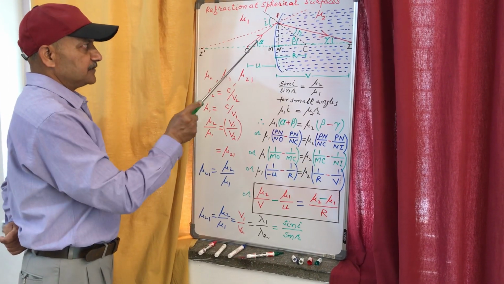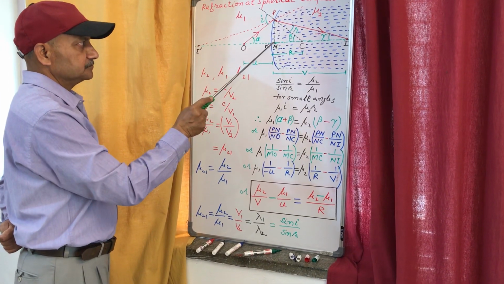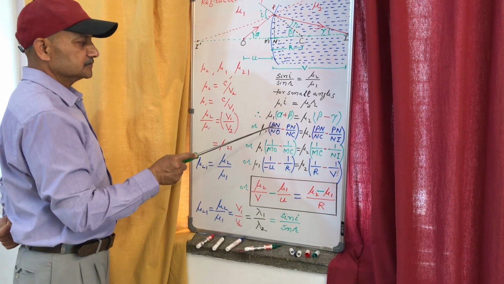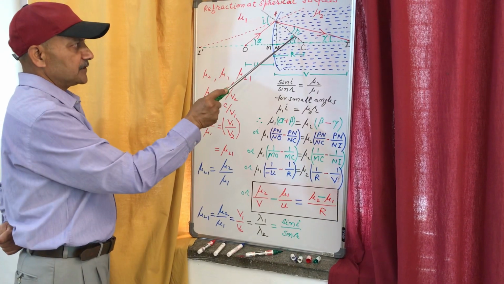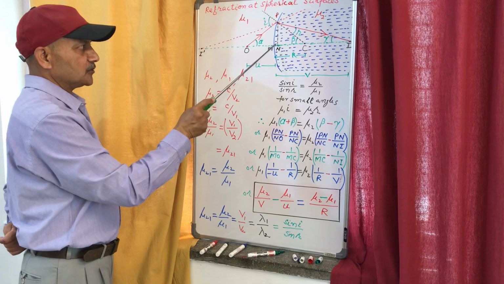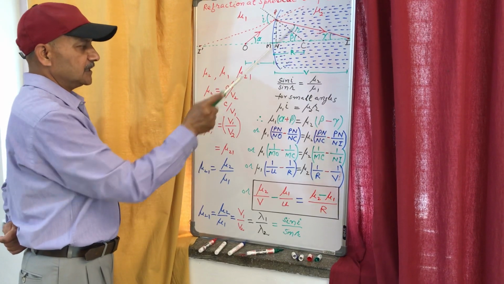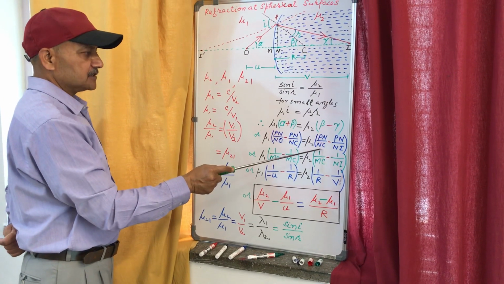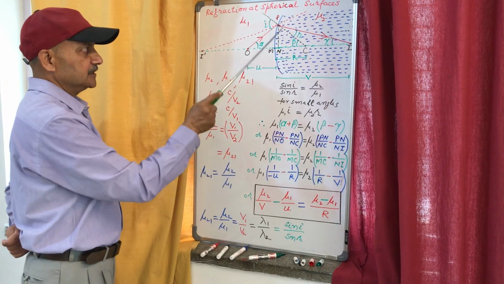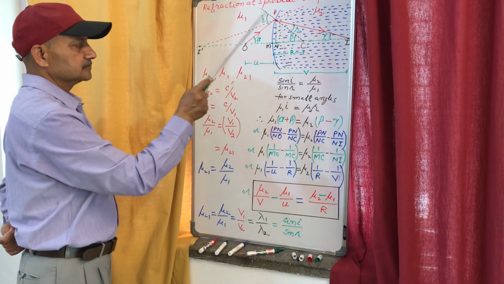Now in place of alpha we can write PN upon ON or NO. In place of angle beta we can write PN upon NC. Similarly, for gamma PN upon NI. This is the triangle for gamma.